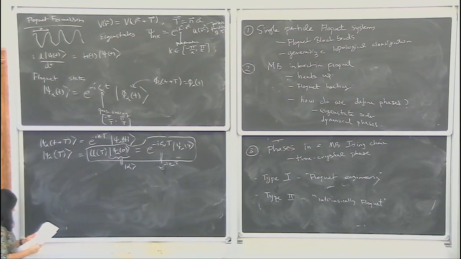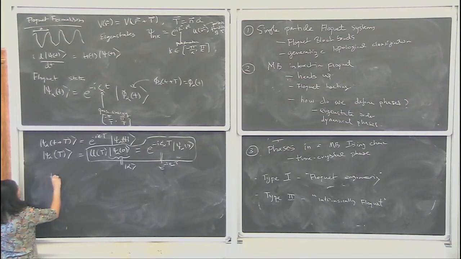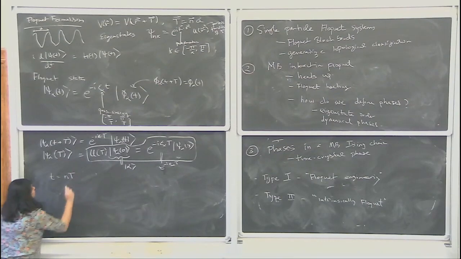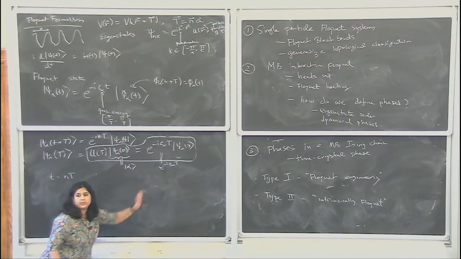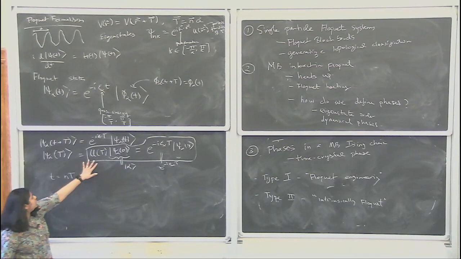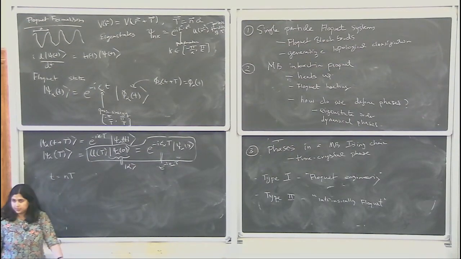Right. So if you probe the system stroboscopically, okay, what that means is that if you go in and you look at the system at integer multiples of the driving period, then all you need to know are the eigenvalues and eigenvectors of this Floquet evolution operator over one time period.